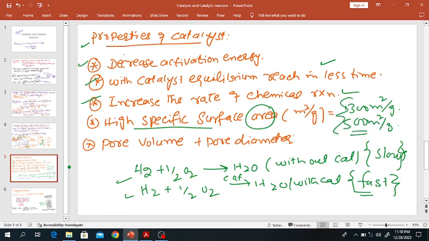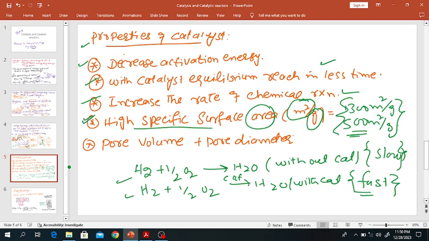So we can change the specific surface area of a catalyst by some activation or by adding some chemical reagents, with acid or base, etc. And specific surface area is nothing but the surface area of 1 gram of catalyst. So how much area is present in 1 gram of catalyst? This is the specific surface area.